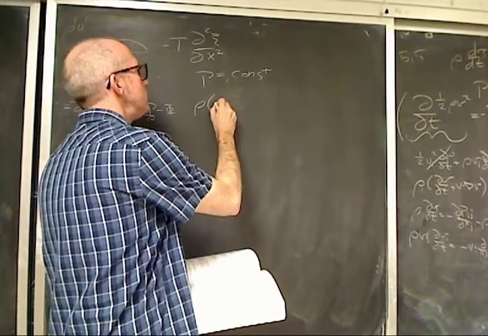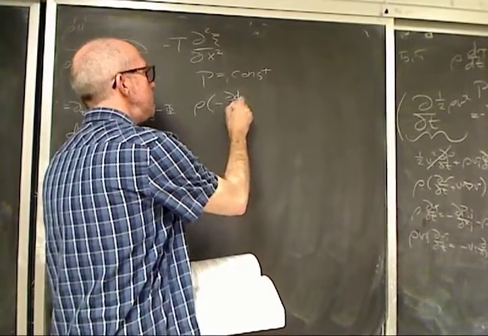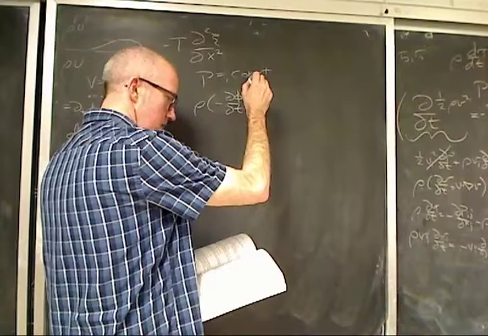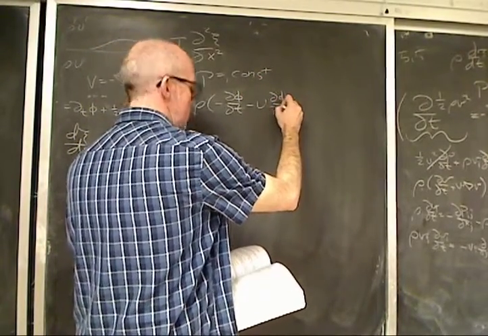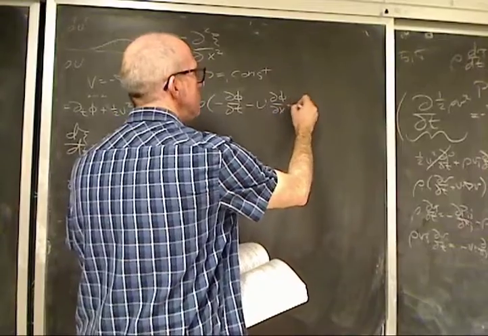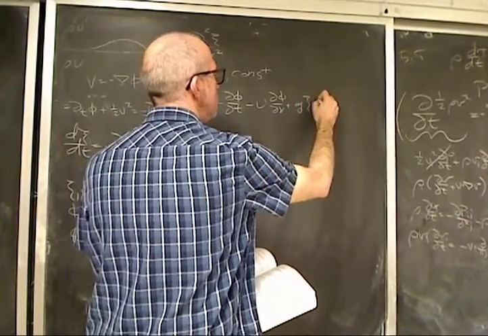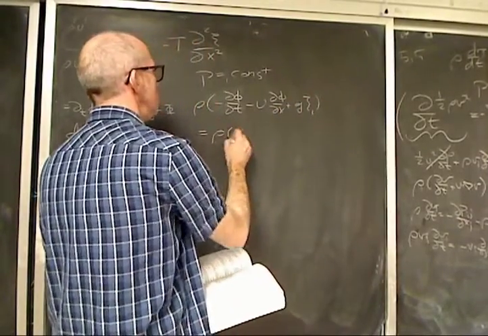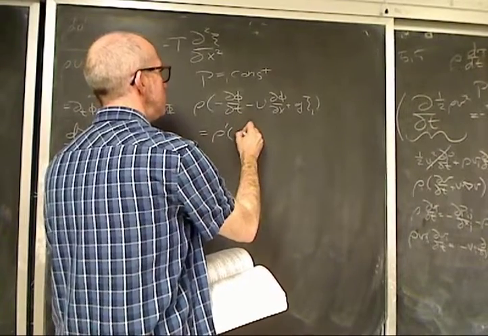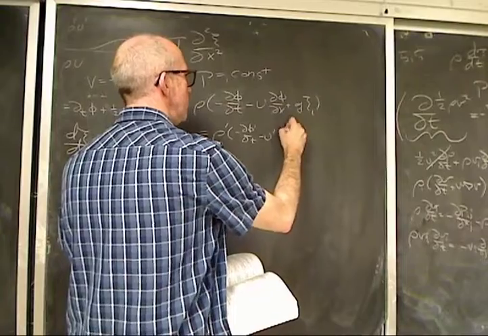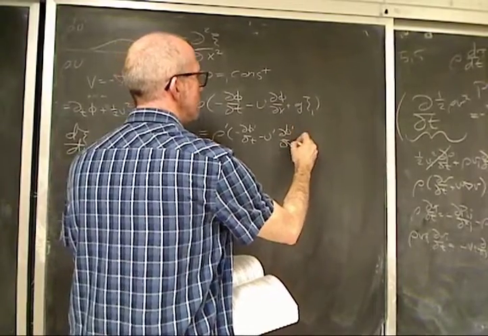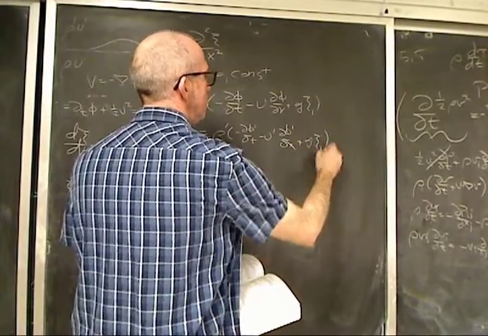We are left with rho times minus dφ/dt minus u dφ/dx plus g c1 equals rho prime times minus dφ prime/dt minus u prime dφ prime/dx plus g c1.